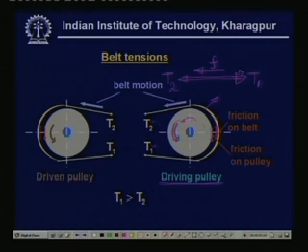So, simple equilibrium of the belt suggests that this T1 should be higher than T2. So, that has been mentioned over here, T1 is higher than T2.